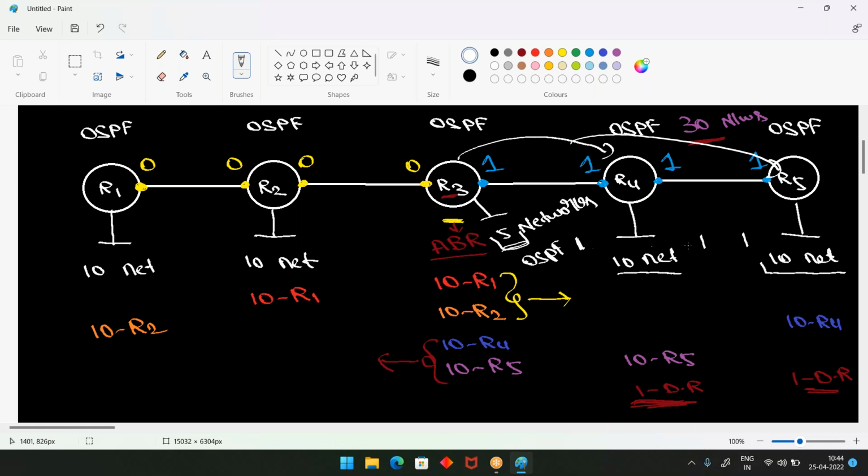Now tell me, in this area 1 how many networks do we have in total? 25. So R3 will share the 25 networks to the R1 router as well as the R2 router. Getting the point here?